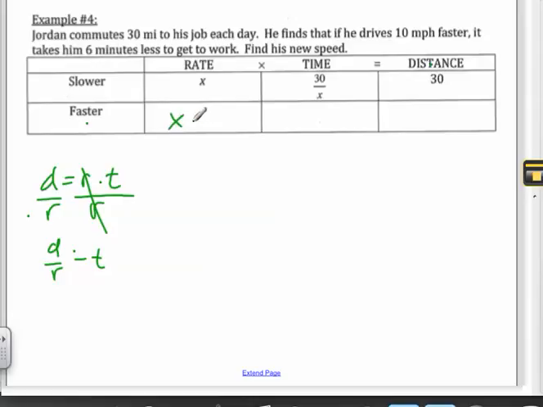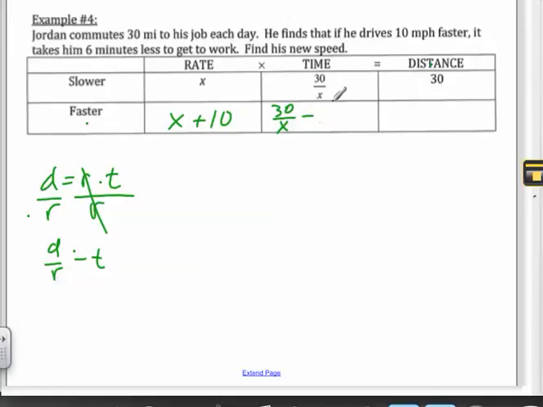Jordan is going to go 10 miles per hour faster, so x plus 10. But the time is going to be the old time, 30 over x, minus 6 minutes. Now, I haven't been working in minutes, have I? We're talking about miles per hour. 6 minutes is how much of an hour? Not a fifth.